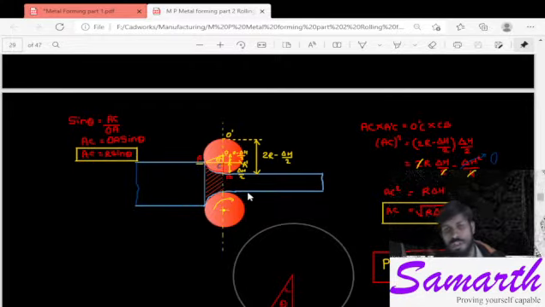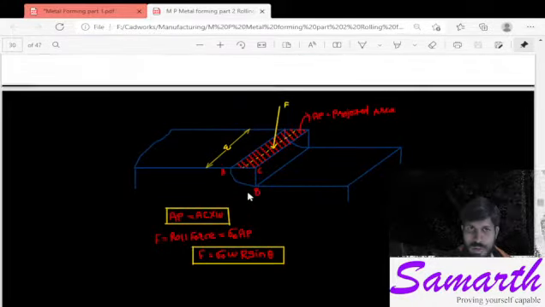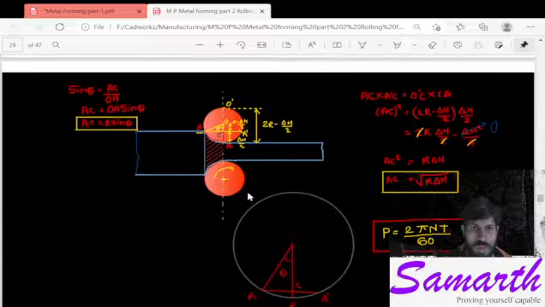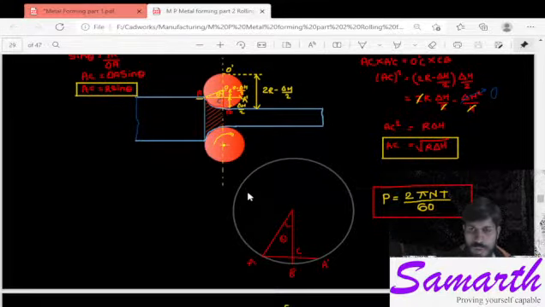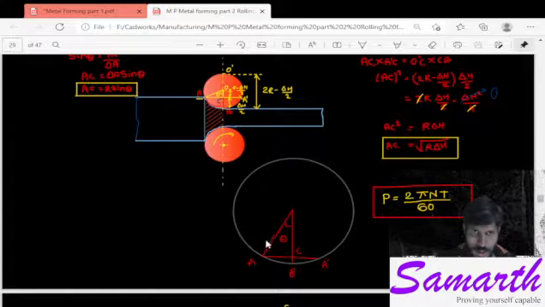Our intention is to get the rolling power, the power required for the rolling operation. We will get power from the formula 2 pi n T by 60. For that we need T, the torque. Let us say force is acting in the downward direction on the plate.